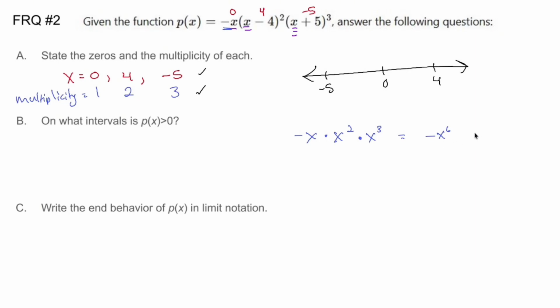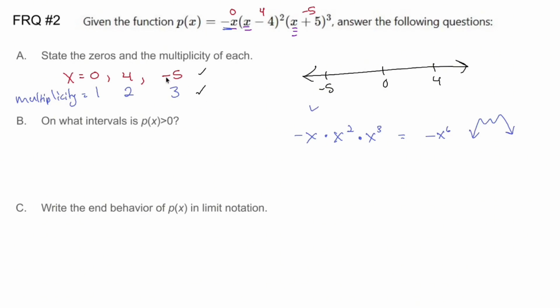That is an upside down, I guess, is it sextic? I don't know. Looks like that. That's all I know. Now, this is what I also know. Since I know the multiplicity for 4 is 2, it's going to bounce off of 4. So as I start drawing this out, okay, it starts from the bottom like Drake does.